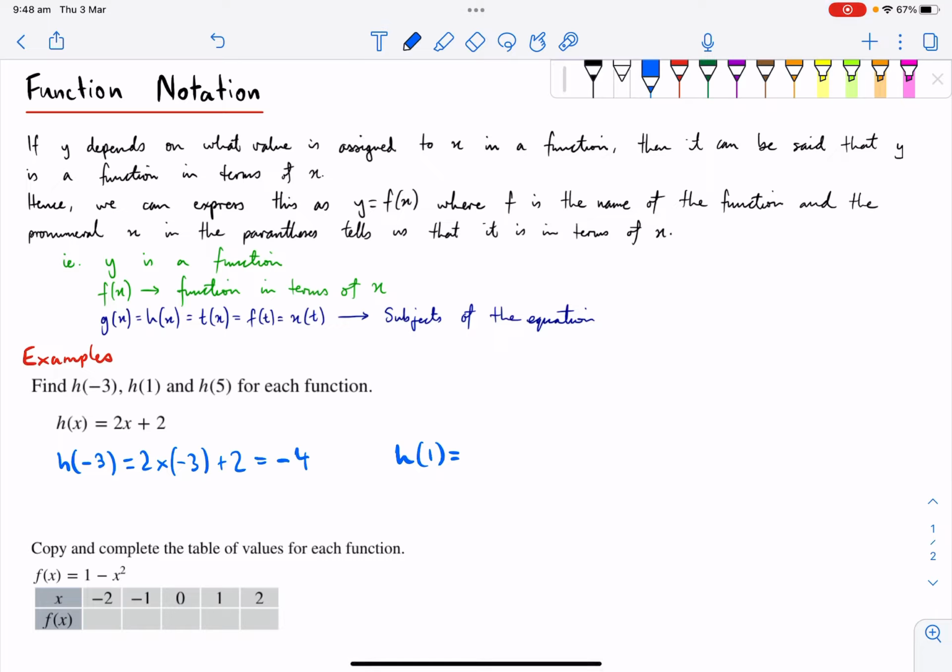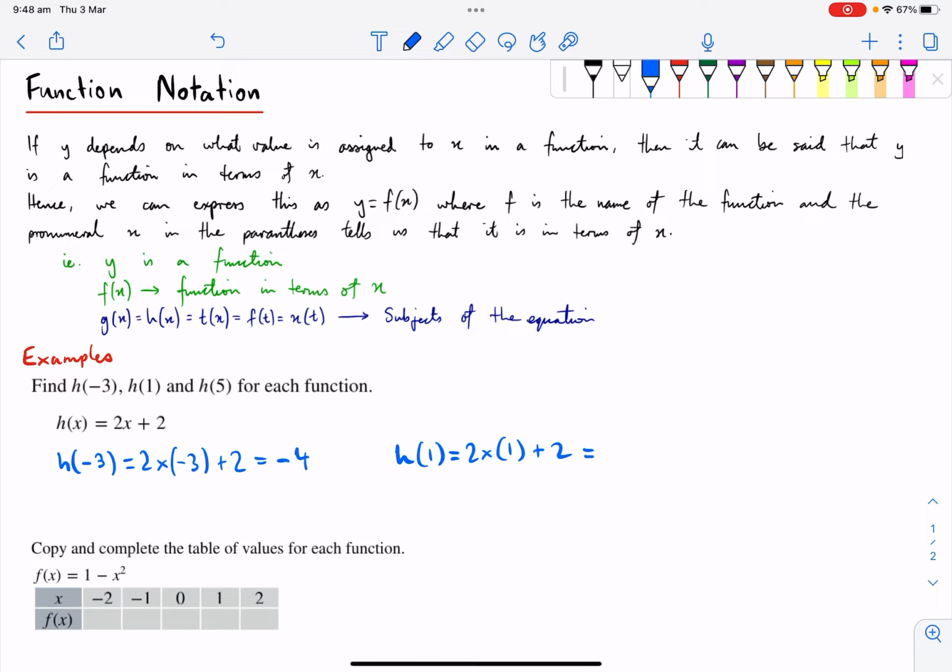We know that 2x means 2 times. So 2 times 1 plus 2. If you take notice, these all resemble the original equation, 2 times x plus 2. But x is the one that's being replaced. In this one, it was replaced with -3, as indicated by the function notation. With this one, we replace the x with the 1. And then we just calculate it.